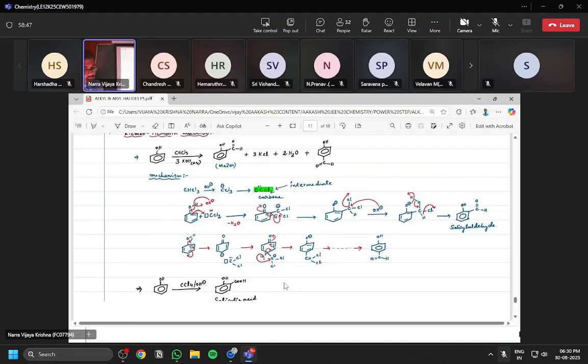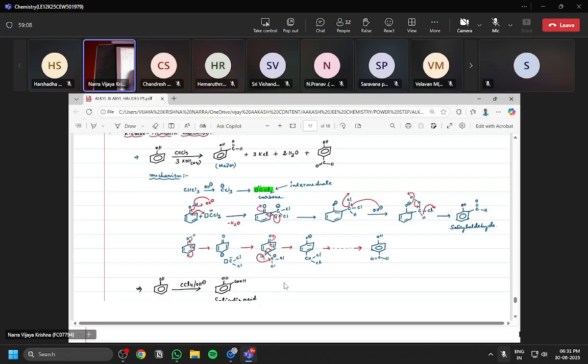Observe, sir. First step, carbene. Second step, are you able to understand? Up to here I have shown. Then OH minus will attack, making the Cl minus leave. Right? Then from here H came here. It forms O minus. This bond will shift, making that Cl minus leave.